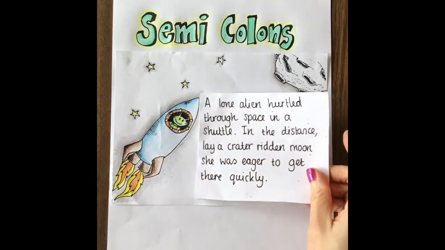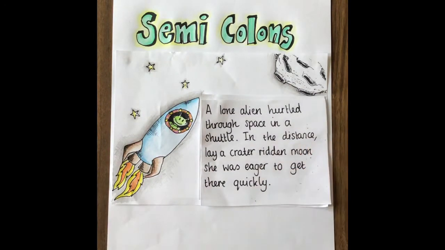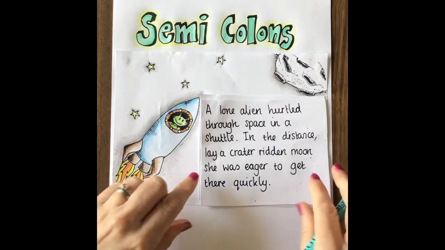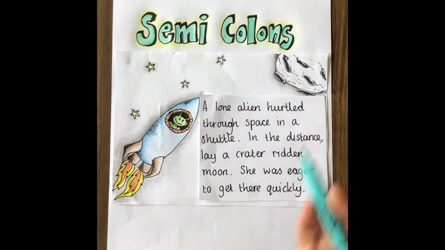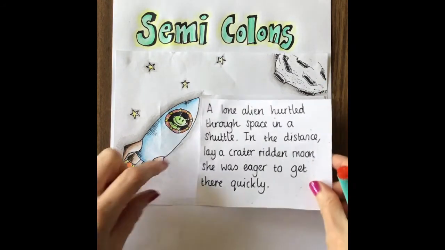Okay, let's have a look here then. A lone alien hurtled through space in a shuttle. In the distance lay a crater-ridden moon. She was eager to get there quickly. Hopefully you saw that the second two sentences were the ones that were linked. They were both about her getting to this moon here.